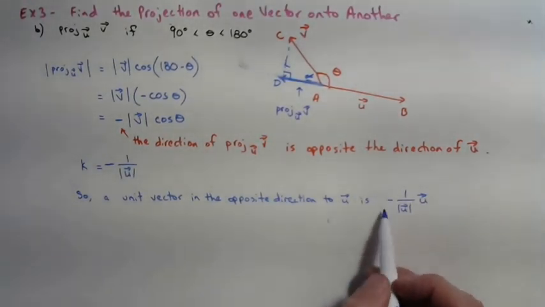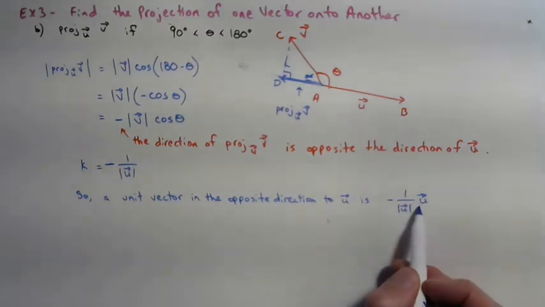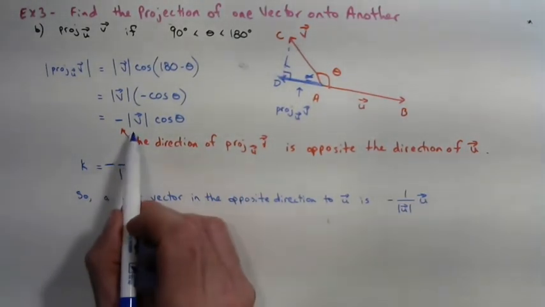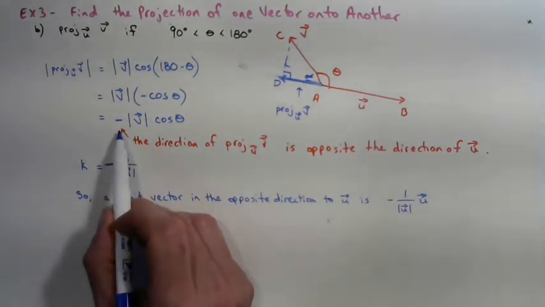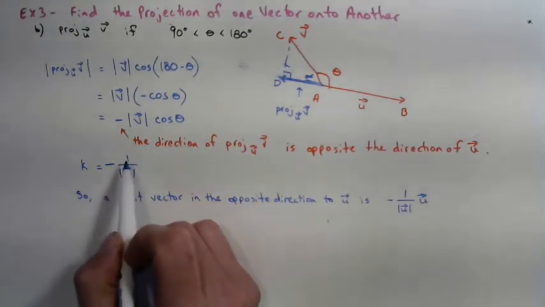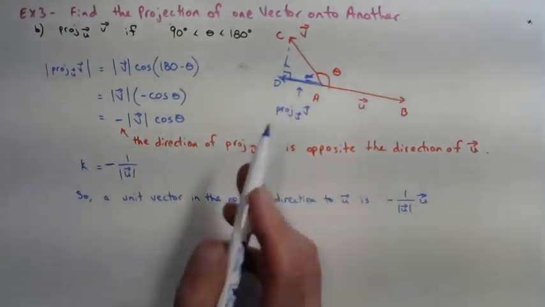Okay, so here's our direction, opposite vector u, and here is our magnitude. The magnitude is negative because it's heading the opposite direction.